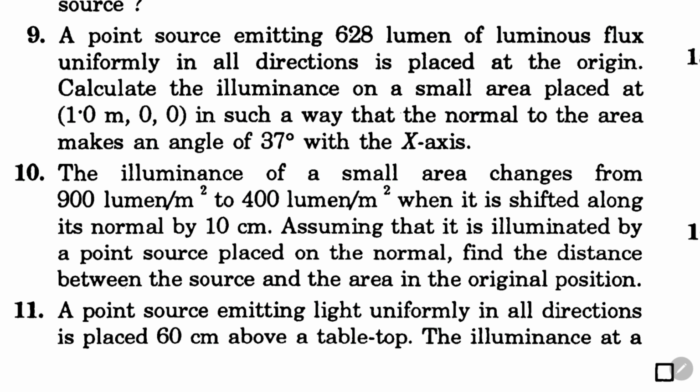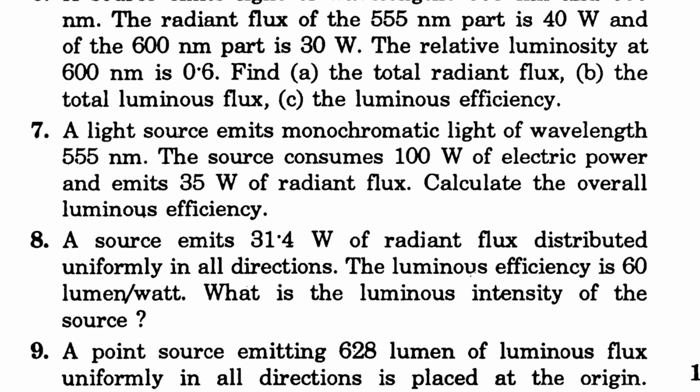Now let's do the seventh one. We left the seventh one. Light source emits monochromatic light of wavelength 555 nanometer. Source consumes 100 watt of electric power and emits 35 watt of radiant flux. So we need to calculate overall luminous efficiency.